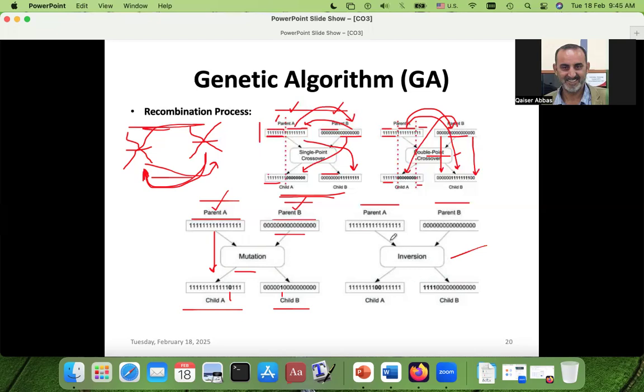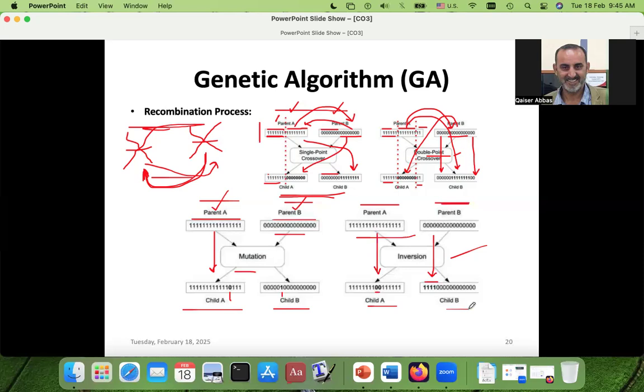For example, here we are changing these two bits into zeros of this parent string. We are changing only 2 bits. And from parent B, we are changing these 4 bits, and we are getting these children. So this is now the mutation, the crossover, and the inversion.